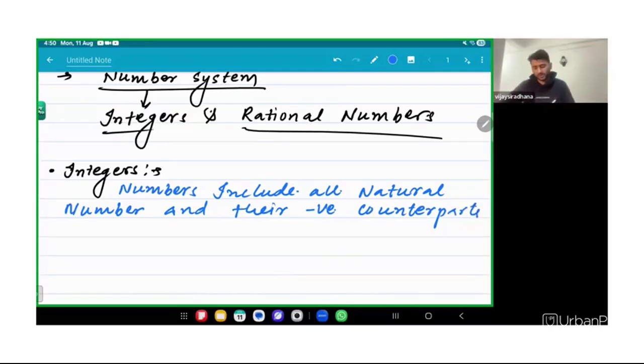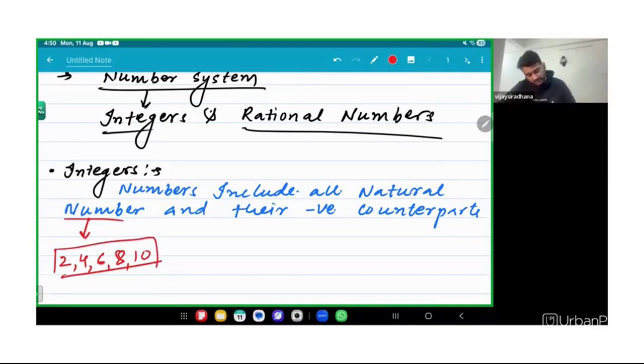Now, what are those negative counterparts? Suppose you are taking natural numbers, which are 2, 4, 6, 8, 10. Now, these are the natural numbers. Then the negative counterparts of these natural numbers will be -2, -4, -6, -8, -10, right?